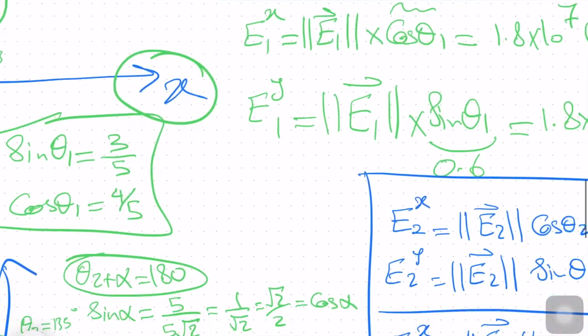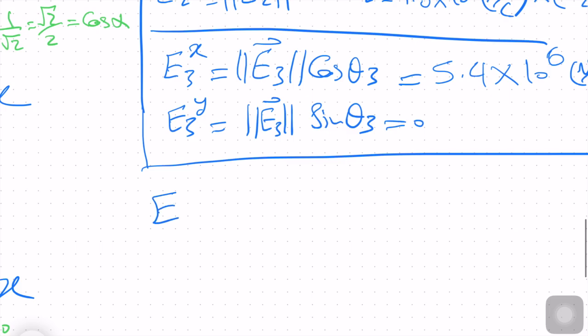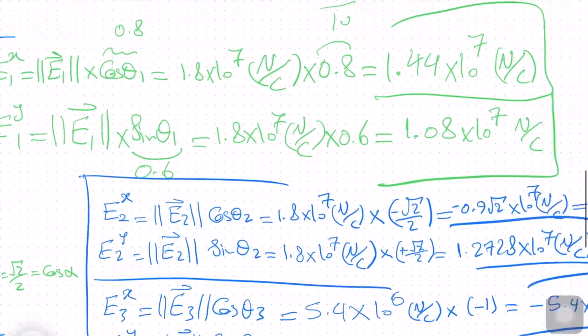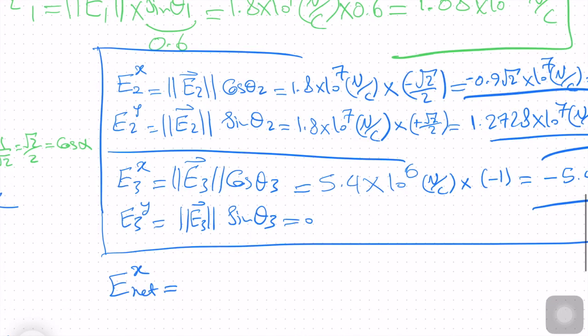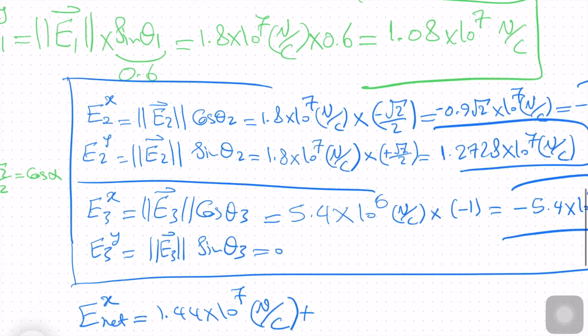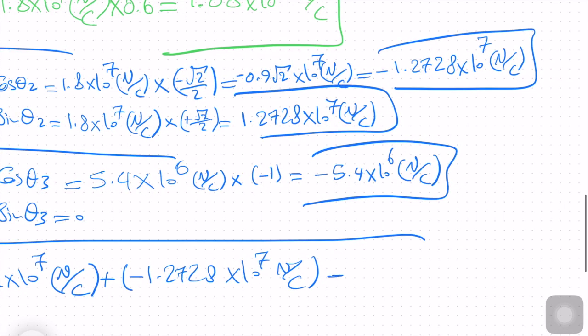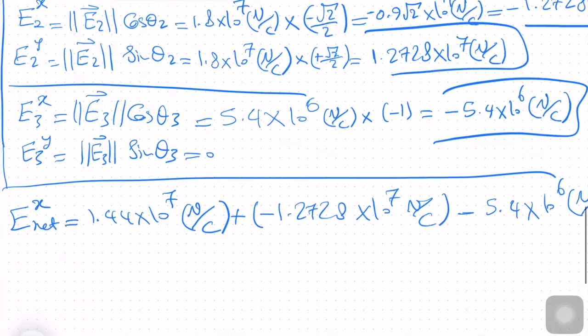I have to add the x components together, and I have to add the y components together, which means that my E net in the x direction is equal to E1x, which is 1.44 times 10 to 7 Newton per Coulomb, plus E2x, which is actually a negative number, minus 1.2728 times 10 to 7 Newton per Coulomb, plus E3x, which is again a minus number, 5.4 times 10 to 6 Newton per Coulomb.